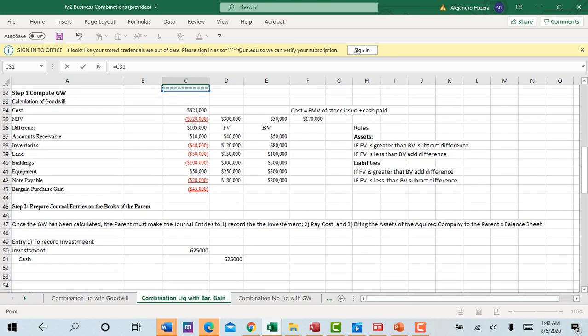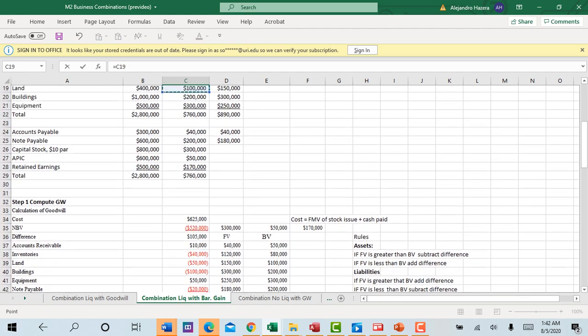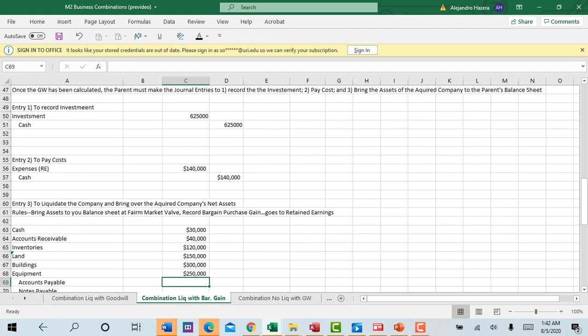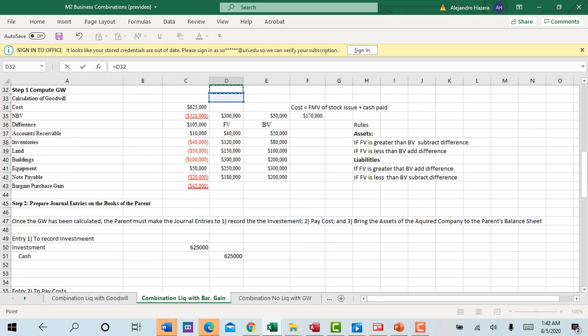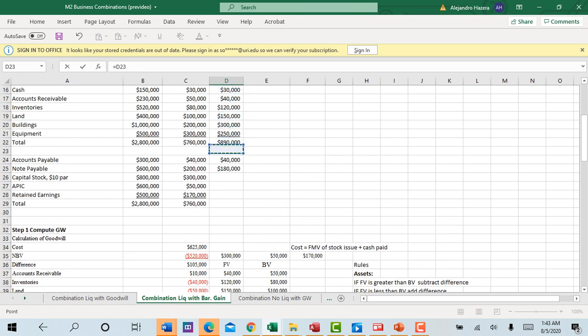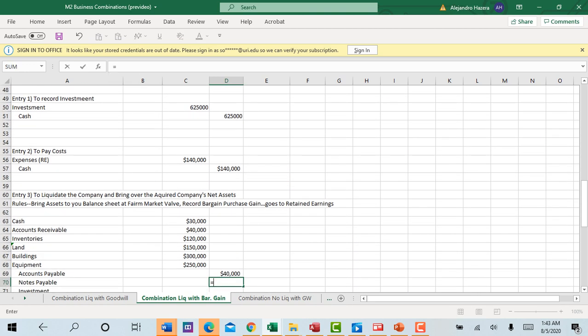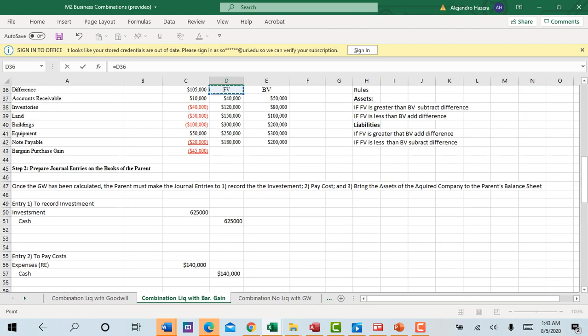Equipment, fair value is 250. Actually, a write down of equipment. We're bringing over a fair value that is less, so we still have to debit the account, but it's a write down of the fair value. Okay, the accounts payable, the fair value of 40, I think, if I remember. Notes payable has a fair value of 180.